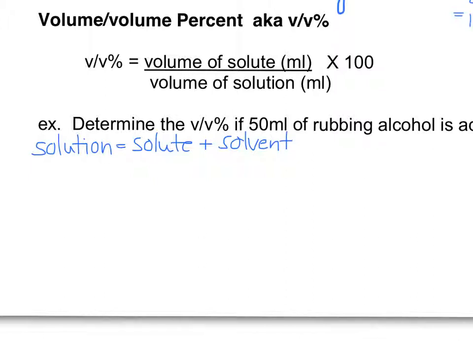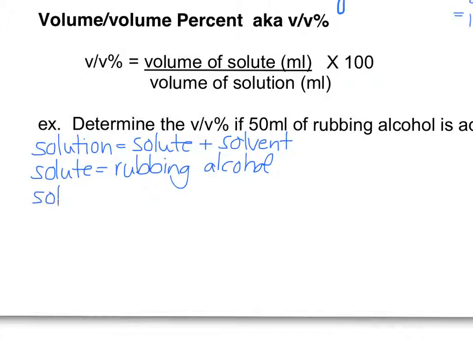We've got rubbing alcohol here, which definitely has an alcohol group on it, and it is going to easily dissolve into the polar solvent of water. So we know that our solute is the rubbing alcohol, and the solvent then must be the water.